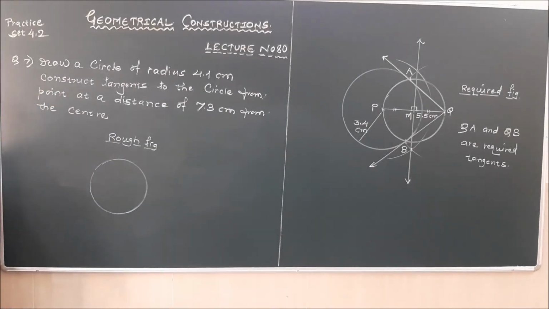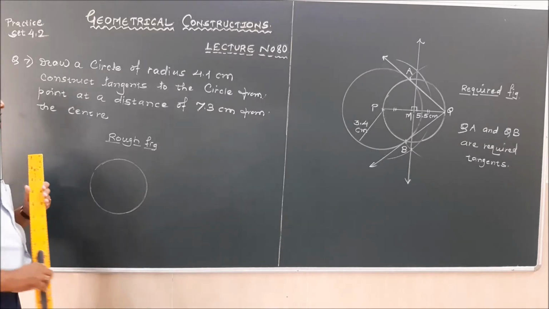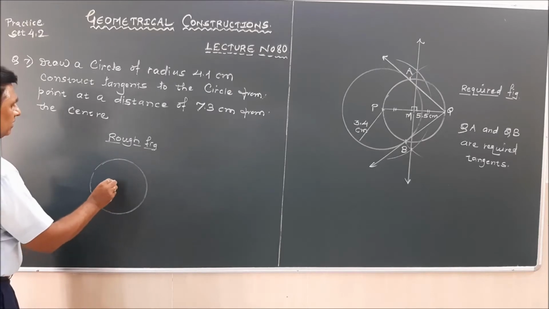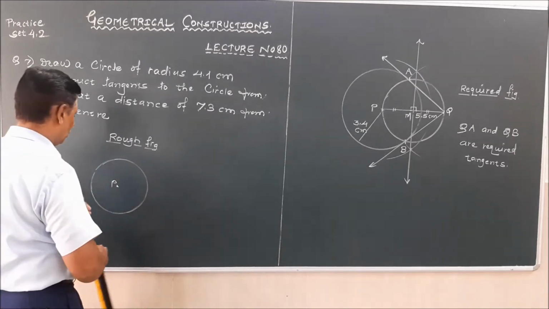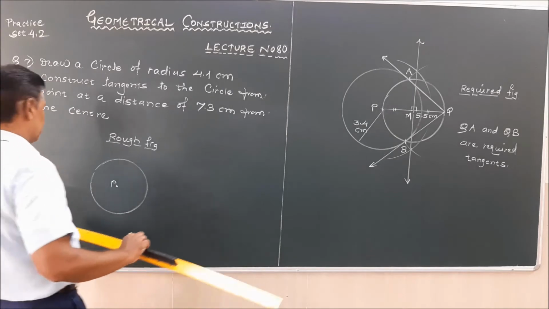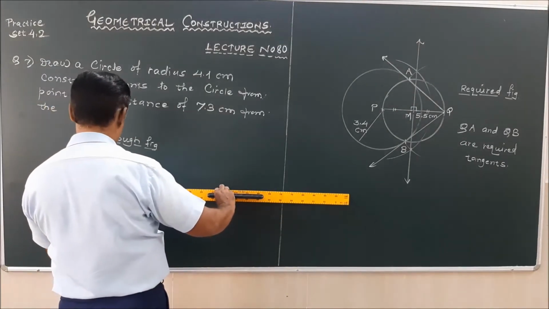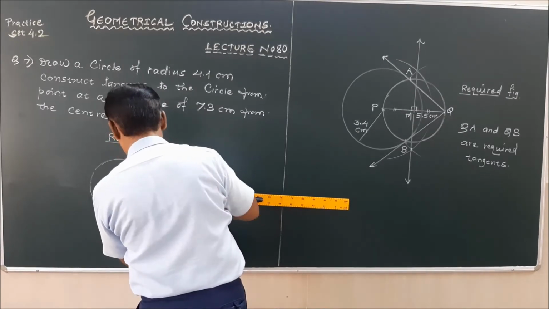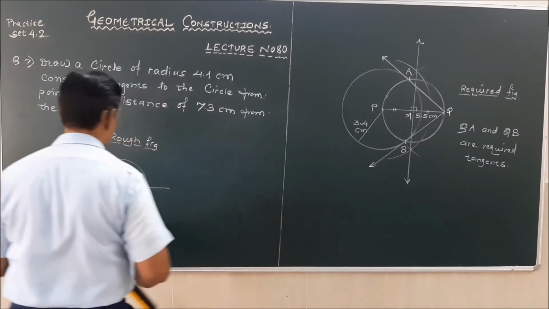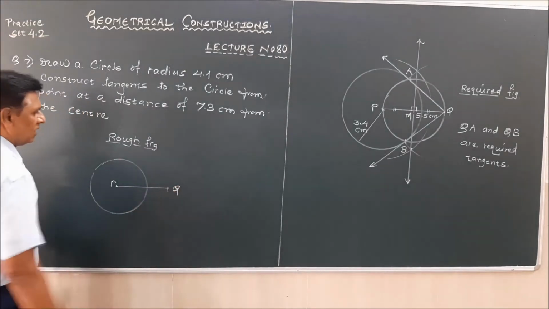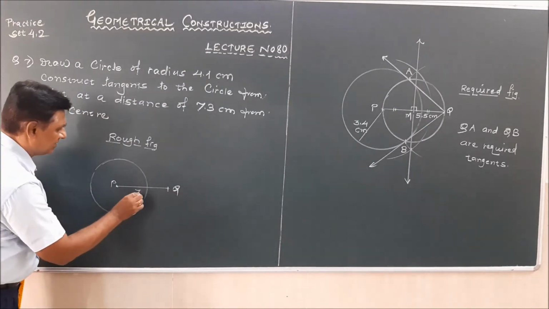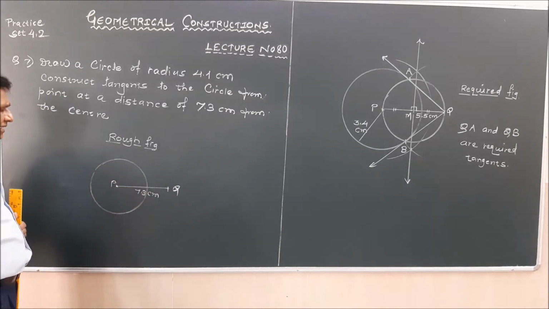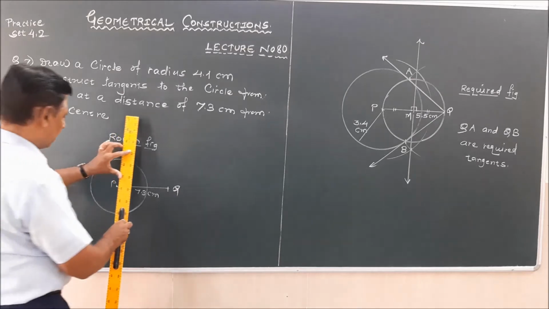Then you have to take a point, the center of the circle, P. Take point Q at a distance of 7.3. If I take this as 7.3 centimeter, rough sketch, so PQ is 7.3. Next is the perpendicular bisector.